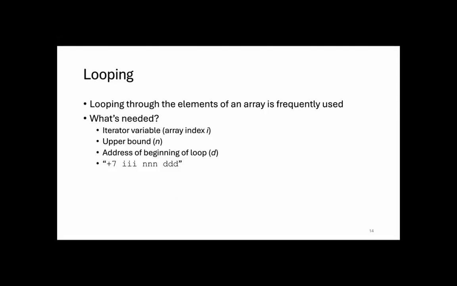And we want to have the address of the beginning of the loop, which is D. So I is for the array index, N is going to be our upper bound, and D is the address of the beginning of the loop. Okay, and this is a new operation that we want to have. So we're going to add a new number, 7, representing the looping operation.